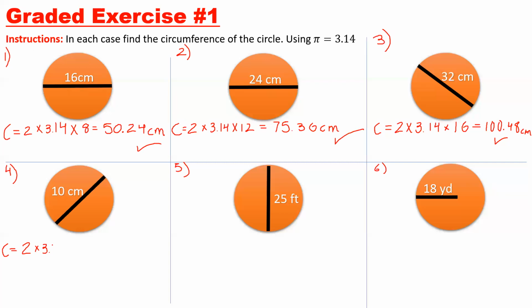How did you get 5? Because I divided 10 by 2. Yes, sir. That gives you 5. And what do you get when you multiply everything? I get 31.40 centimeters. Very good.